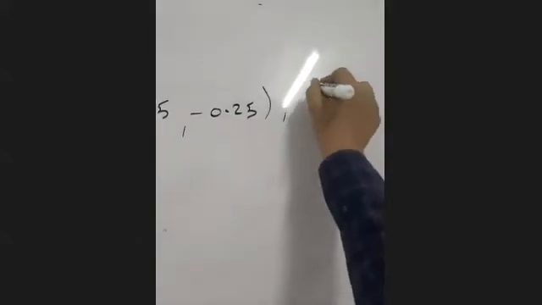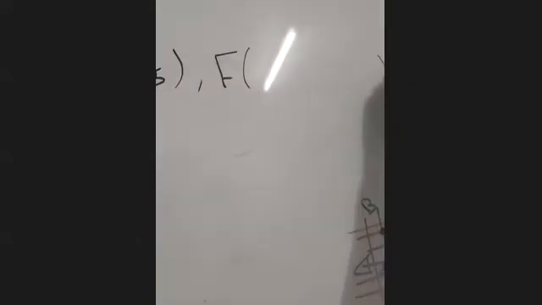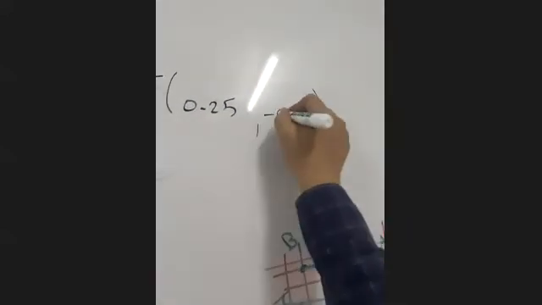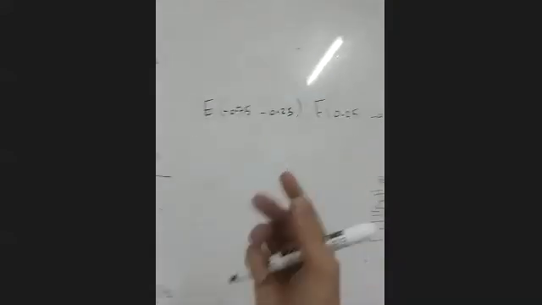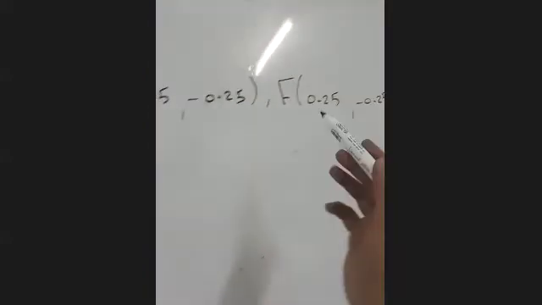Make sure. Sorry, it's negative. Yeah. What is the coordinate of F now? Quickly. 0.25. And negative 0.25. Right? From where do we get these points, guys? From the grid, from this. We know how to find the coordinates of each point.